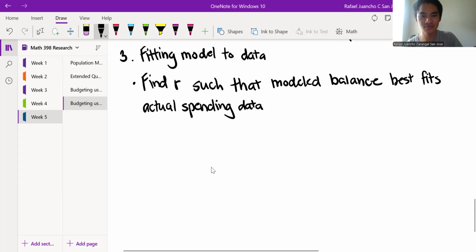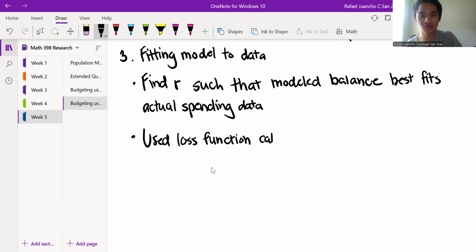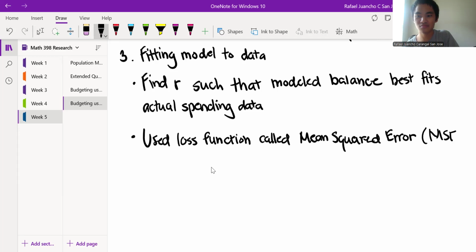Here it's called the MSE, or we call it the mean squared error. Let me just write the whole thing.